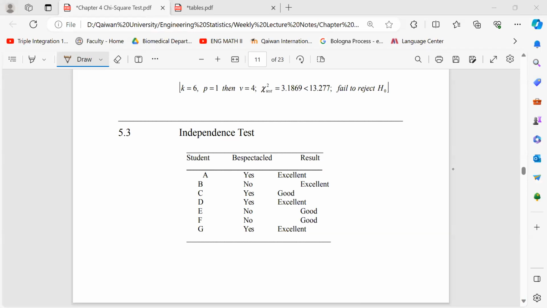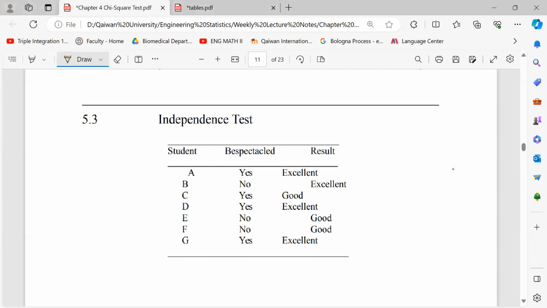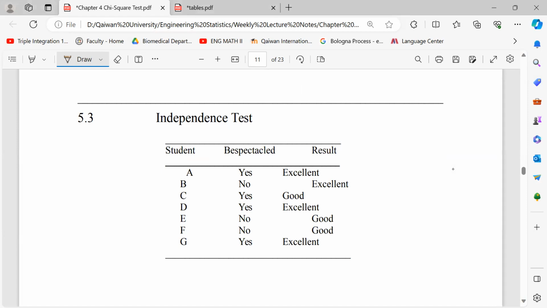We now have another test, which is the second topic in this chapter. It's the independence test. Here, if you look at this table, which is given, we have 7 students: students A, B, C, D, E, F, and G. Then, it says whether they are wearing glasses or not.